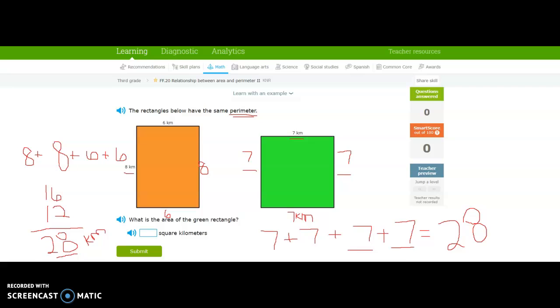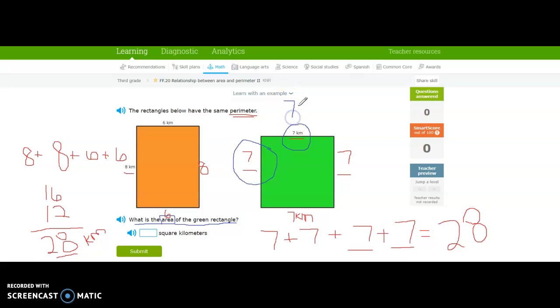The question is asking us, what is the area of the green rectangle? Well, boys and girls, to find the area, you know that you have to do length times width, or my base times my height. 7 times 7.